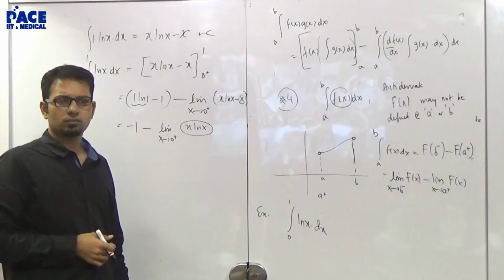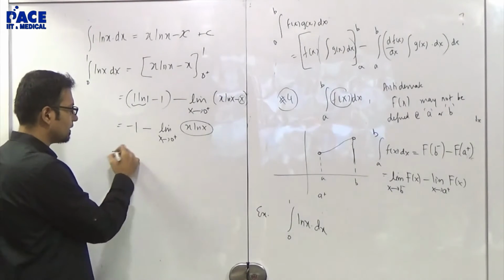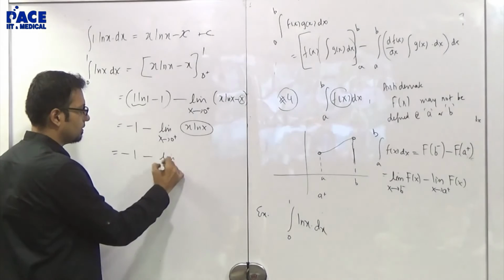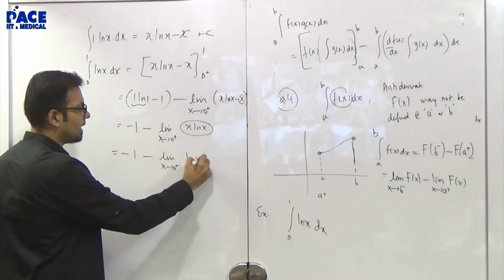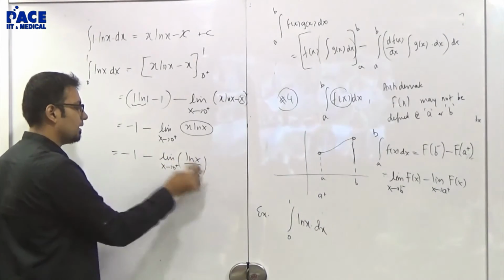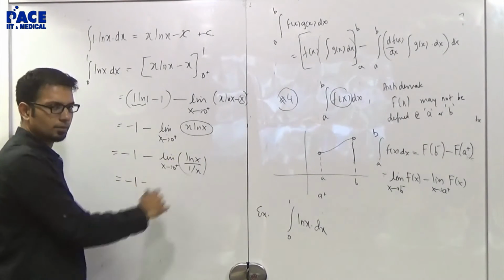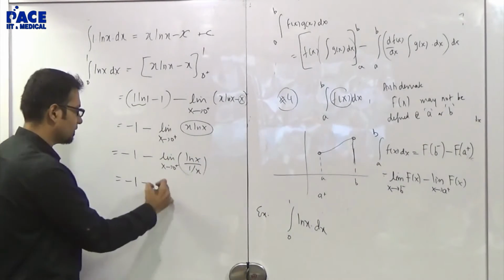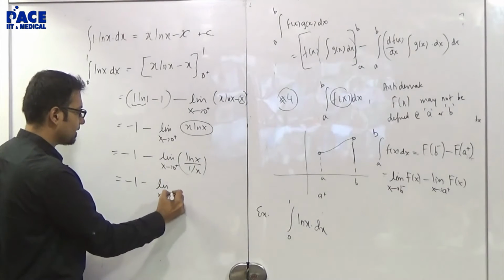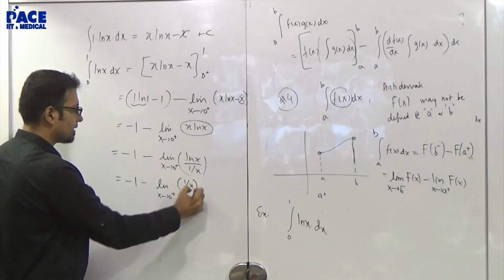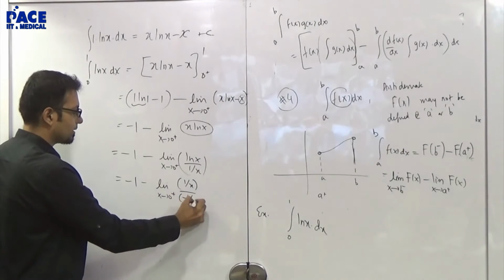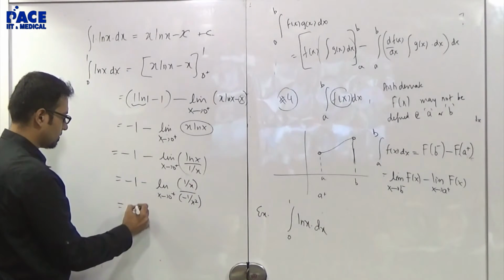So ln x by 1 by x. हाँ, इसको ऐसे लिखेंगे ln x upon 1 by x. L'Hopital's rule लेके differentiate करते रहो. It becomes infinity by infinity. So just keep differentiating. This becomes 1 by x minus 1 by x square, which is x only.